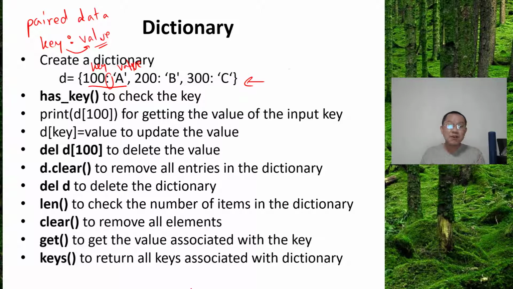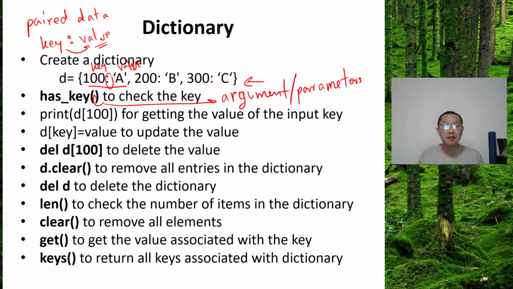This function will check this parameter, or whatever we put inside the parentheses of the function, which we sometimes call an argument, or parameters in some textbooks. And the arguments can be more than one, can be 2, 3, 4, 5, and so on.